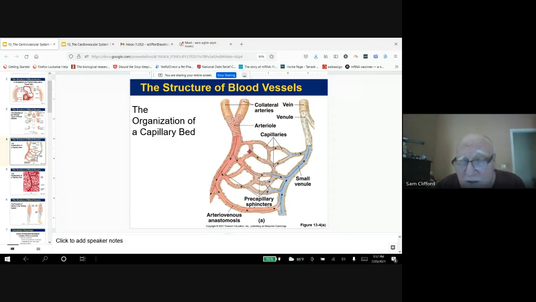So these sphincters are constant gatekeepers, depending upon whether you're eating or running, controlling the blood flow into capillary systems, and they may block the entire capillary bed. For instance, when you're running, blood is blocked off from the blood vessels of the digestive system, and blood is sent to the muscles.